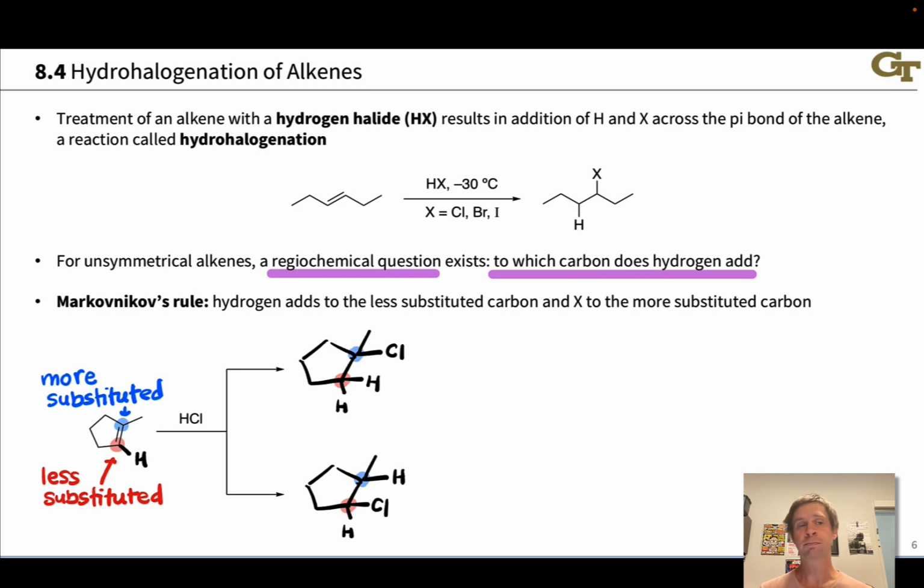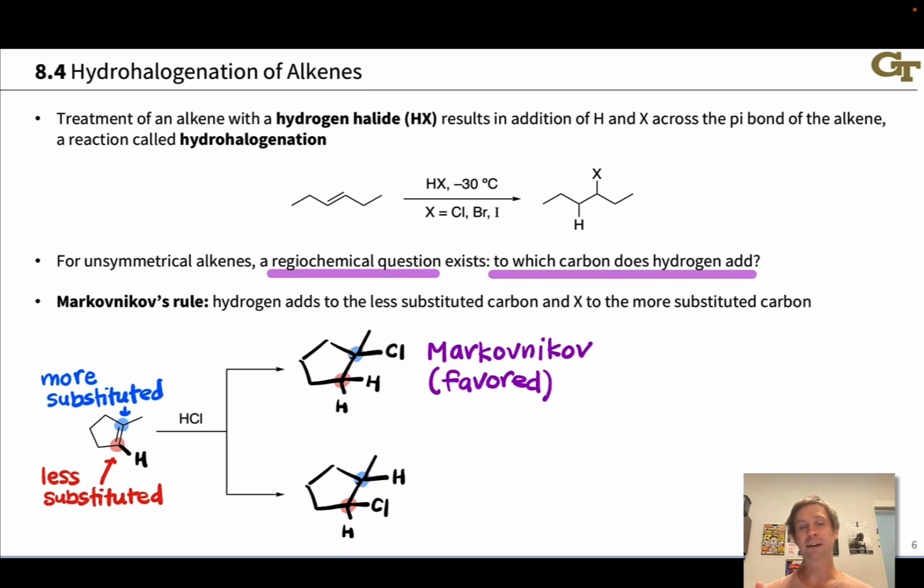Now there's a rule in hydrohalogenation and other electrophilic addition reactions of alkenes that hydrogen adds to the less substituted carbon and the halogen to the more substituted carbon. This is known as Markovnikov's rule after its originator Markovnikov, the Russian chemist. The Markovnikov product is the favored product, and it has the halogen linked to the more substituted carbon.